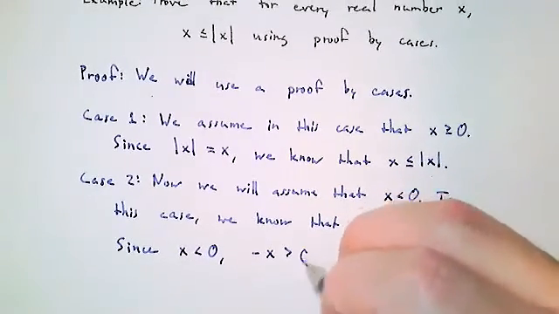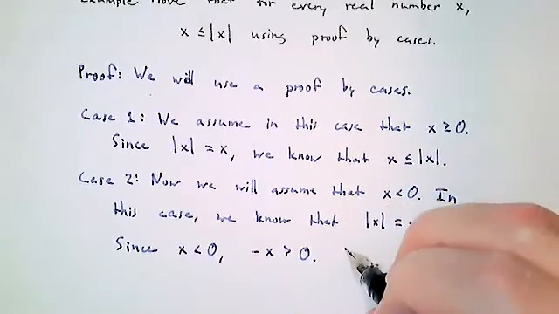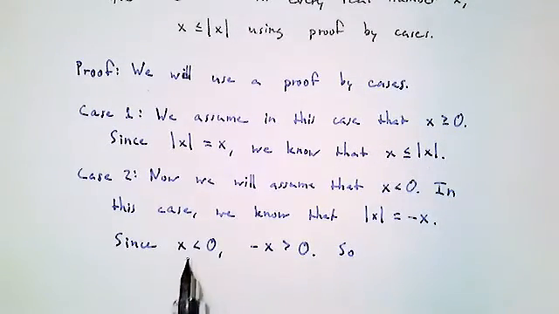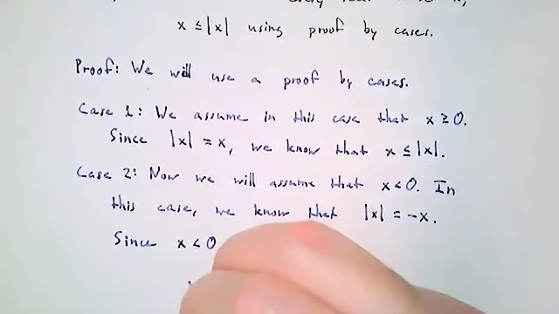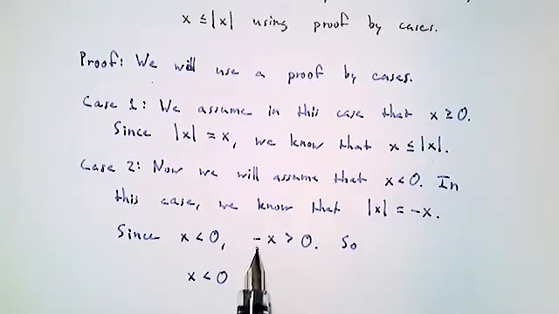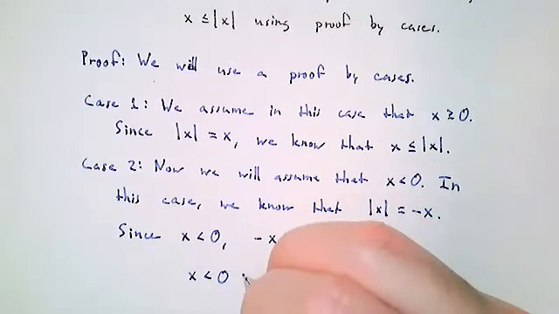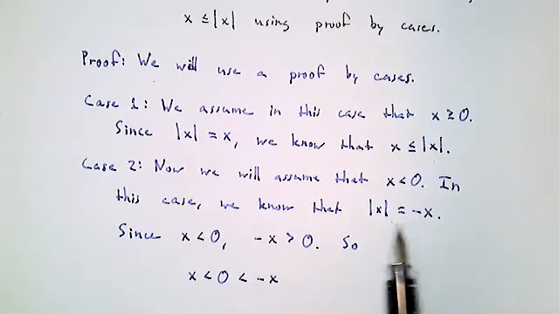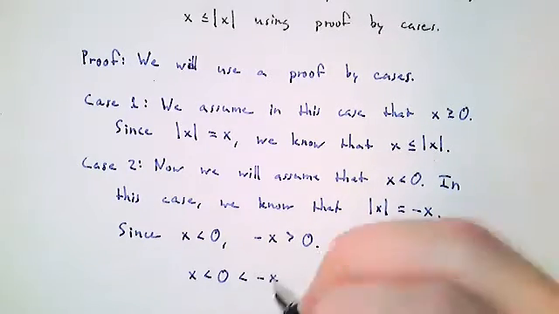Minus x is actually greater than 0. So let's string this all together. We know we start with x that's less than 0. And we know that minus x is greater than 0. So we can continue our inequality. And minus x, remember, is equal to the absolute value.